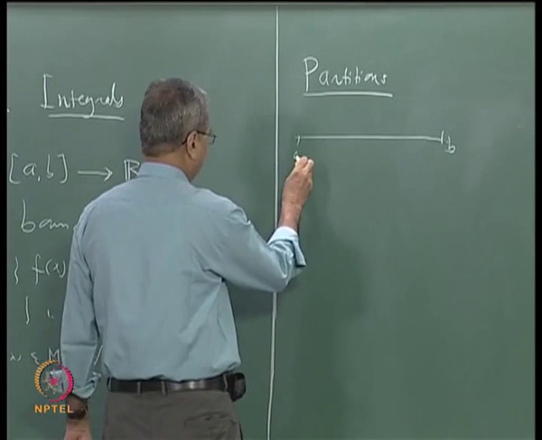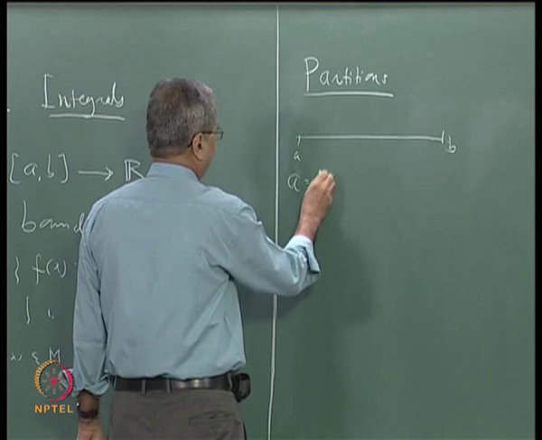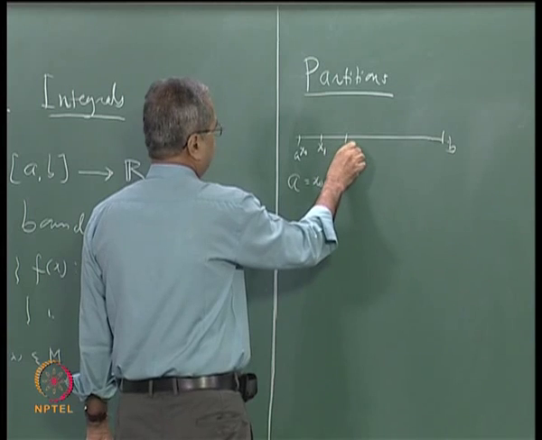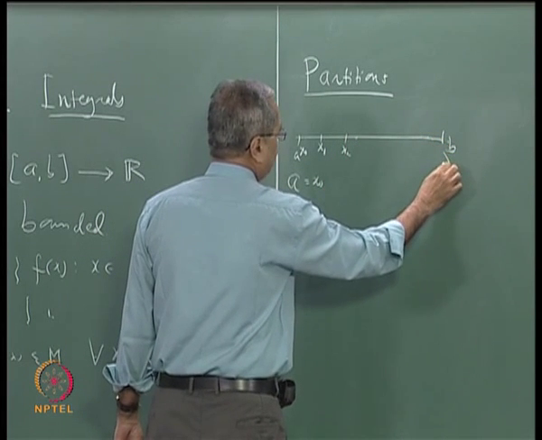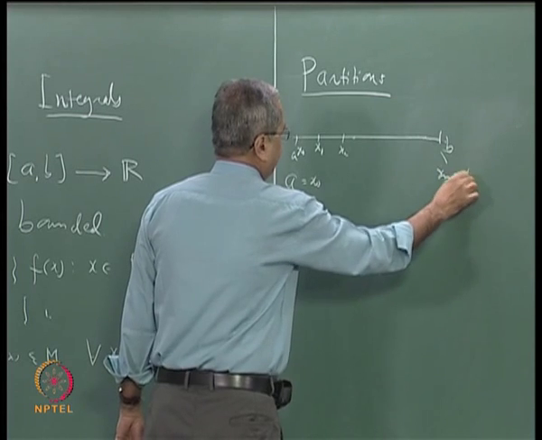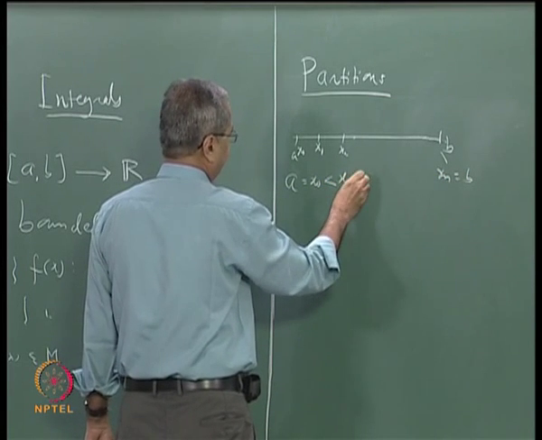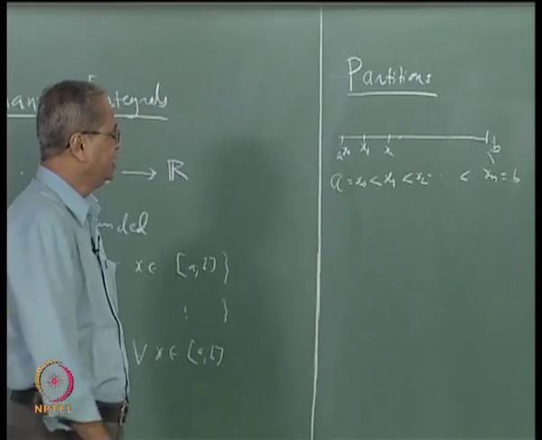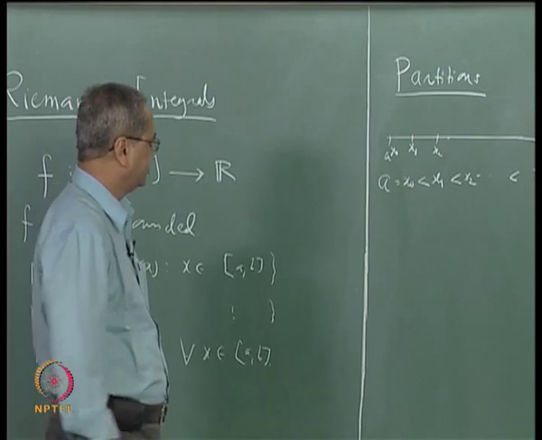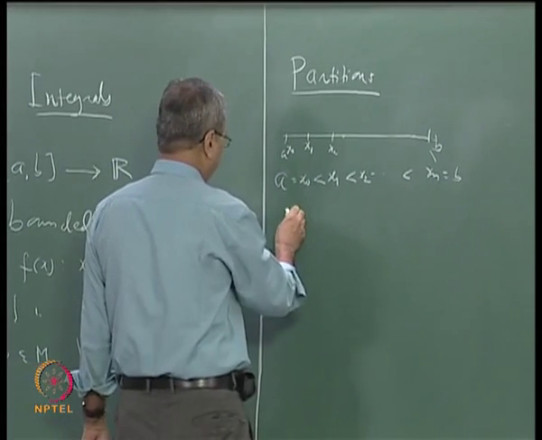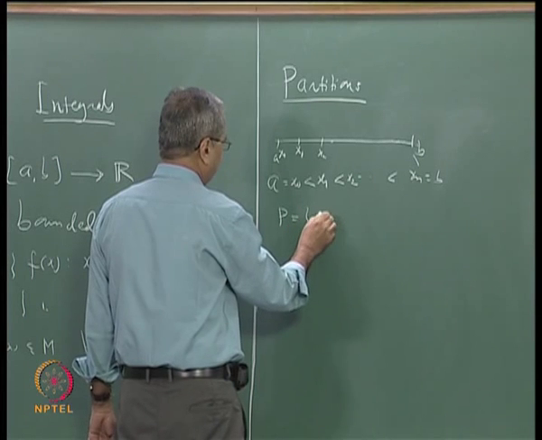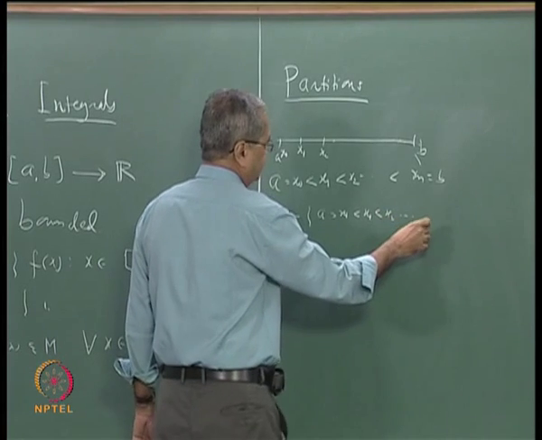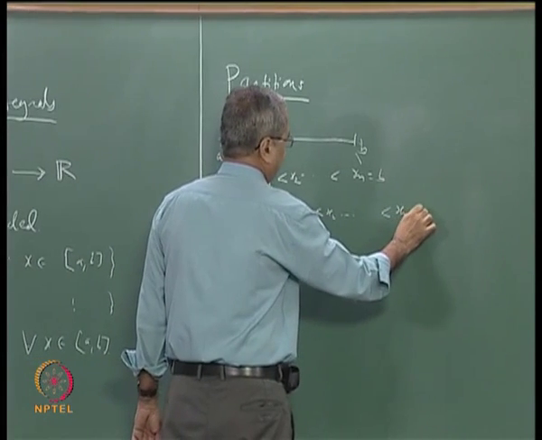It is usually labeled like this: the first point a is called x0, the next point is x1, next is x2, and so on, and the last point b is called xn. We want x0 strictly less than x1, x1 strictly less than x2, and finally xn minus 1 strictly less than xn. Such a set of points is called a partition of [a,b]. We denote this P: a equals x0 less than x1 less than x2 and so on, less than xn, and xn equals b.